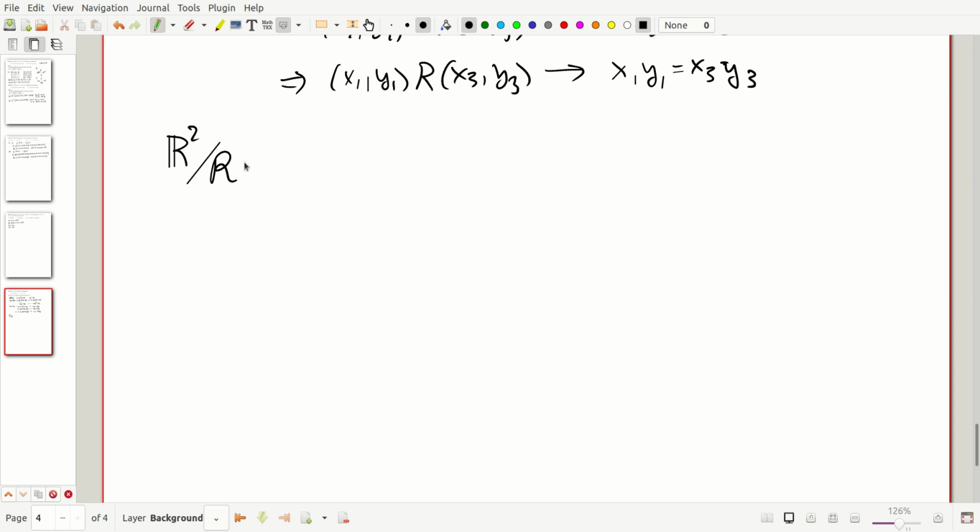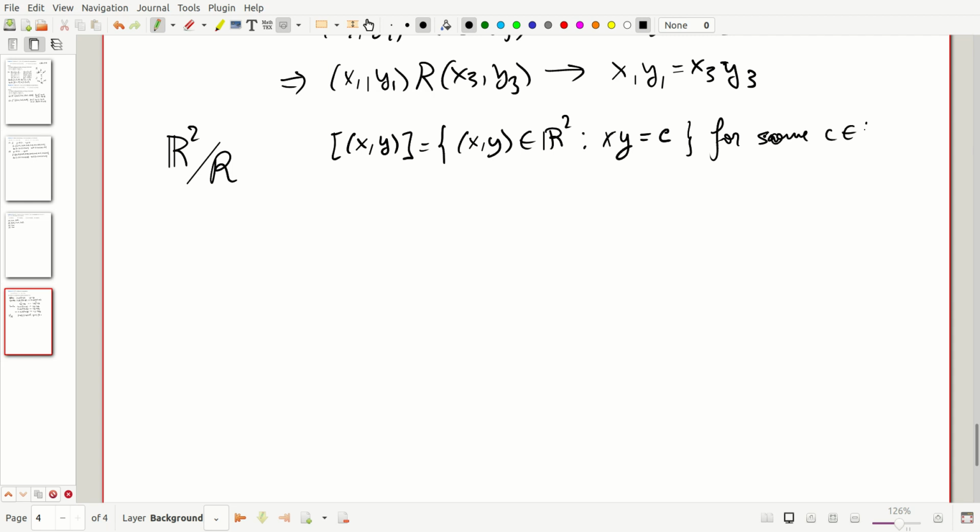Okay, so what is the equivalence class of, say, the pair (x, y)? It's going to be all the elements in R2 such that the multiplication x times y is equal to c for some c, any c in R, right? So for all elements or points in the plane for which the product is a constant, they are all in the same equivalence class.